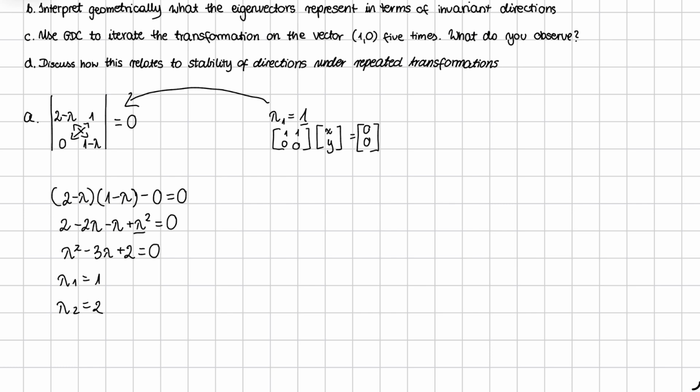So now we multiply 1 times x, so x, plus 1 times y, and this is equal to 0. Now we can move x from the left hand side to the right hand side, so y equals minus x.